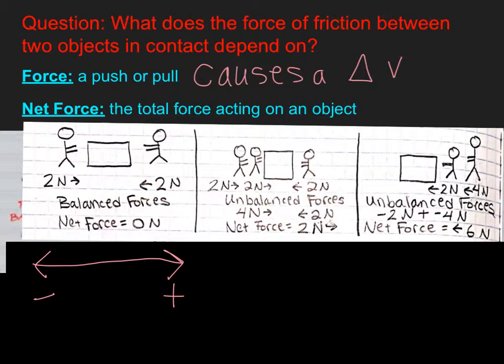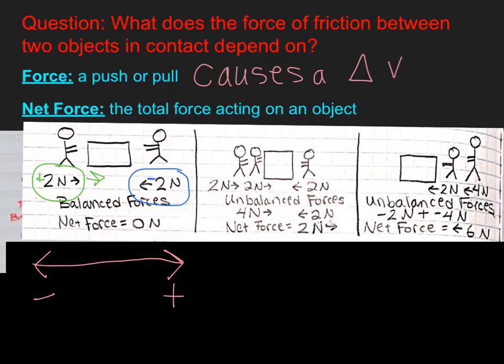So if this is the 2 newtons going to the right, that would make this positive. And the other one, which is the 2 newtons going back to the left, that would make that negative.